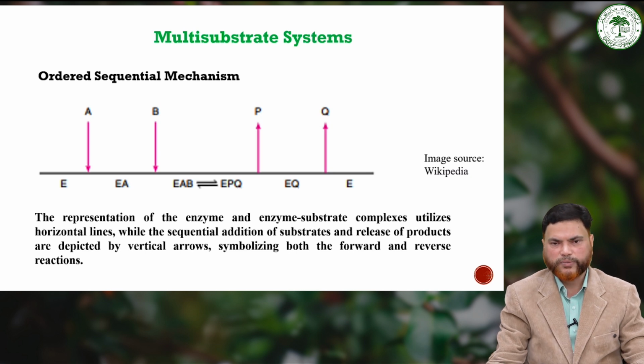In this mechanism, the binding of one substrate is necessary before the second substrate can bind. The horizontal lines are the enzyme, and this one is the enzyme-substrate complex, then the second substrate binds, and then the product is formed.